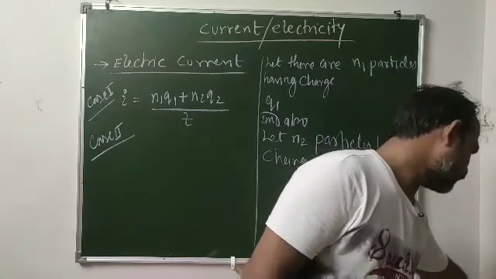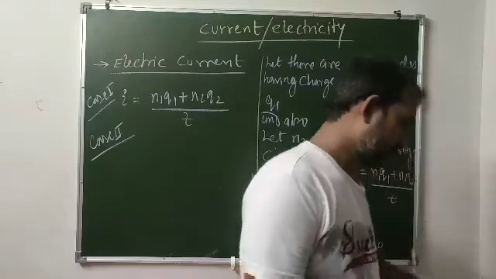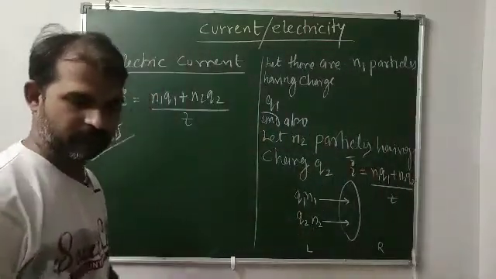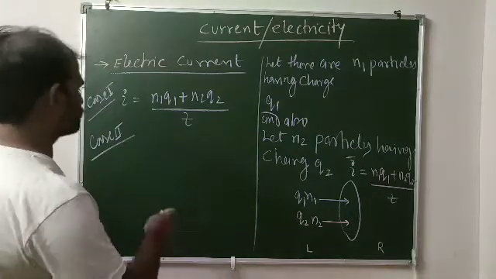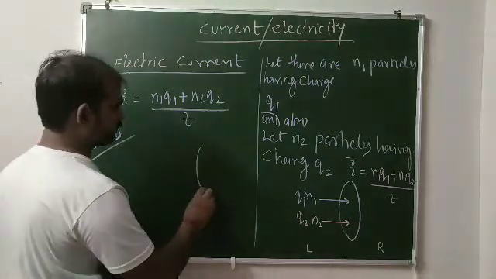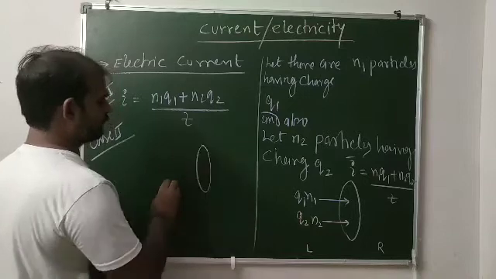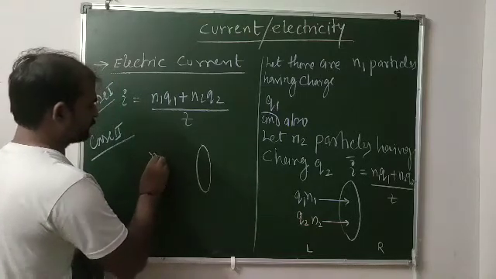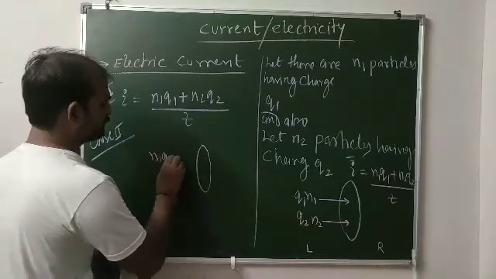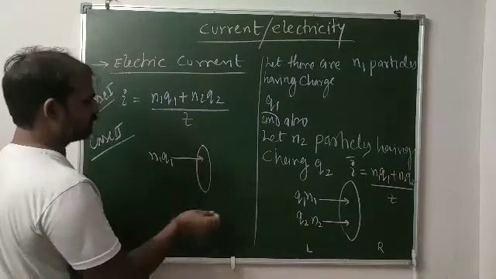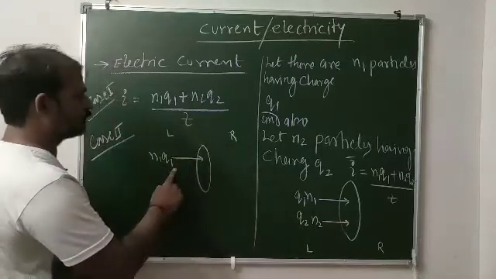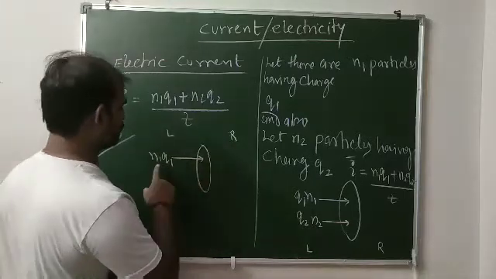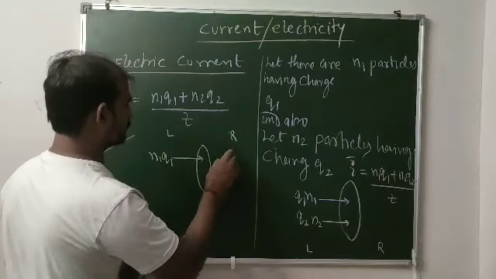Let me take a chalk. Here you see, students, this is the section of wire, and N1 Q1 amount of charge is passing through this direction. I mean to say this is left to right, so N1 Q1 amount of charge is going through the section left to right.